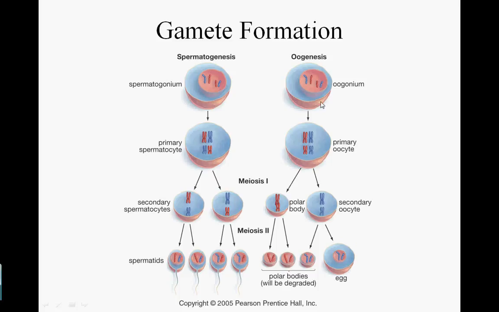As in meiosis, 1 oogonium does produce 4 things. It's just that these 3 polar bodies aren't useful to us. We don't have enough material to make a full egg. We only have enough material to make 1 egg. So, 1 diploid oogonium, 1 egg. 1 diploid spermatogonium, 4 functional spermatids.